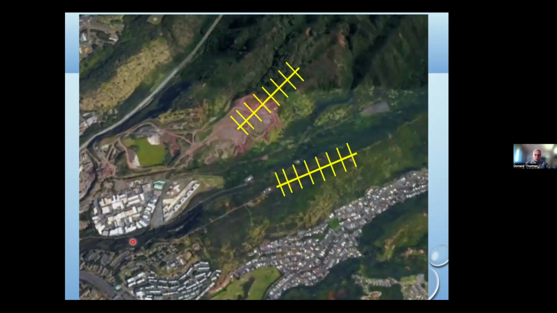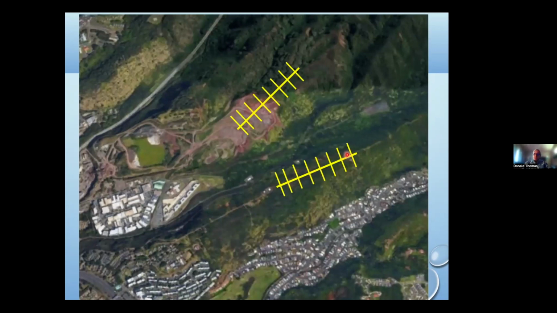This is a view downward on Red Hill Ridge. The tanks themselves are down here. They would make it impossible to apply this technique below the tanks because this is an electrical method, and the steel tanks would disrupt the signal that we would hope to gather there.